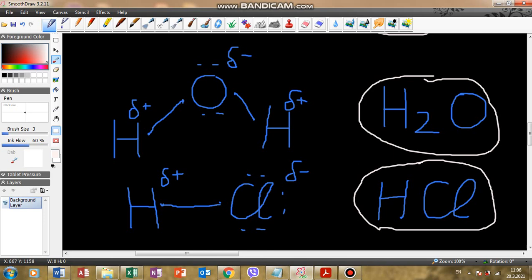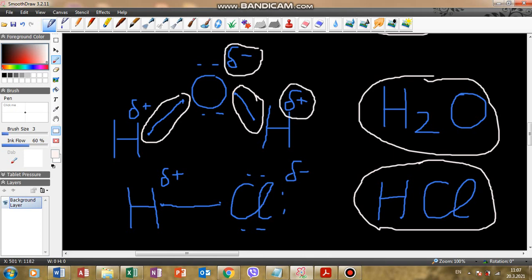When it comes to water, we have oxygen, which is far more electronegative than hydrogen atoms, and the shared electrons which oxygen forms with hydrogen are attracted to the oxygen atom, which is the reason why oxygen here is partially negatively charged and hydrogen is partially positively charged. So this is typically a polar covalent bond.